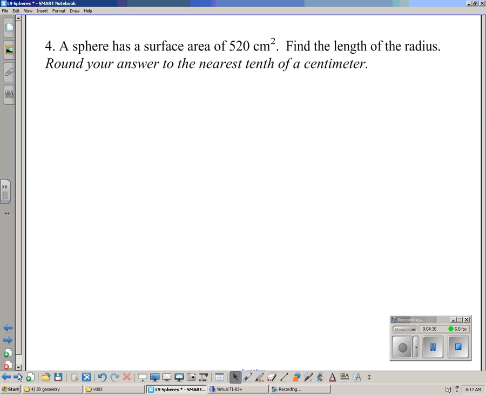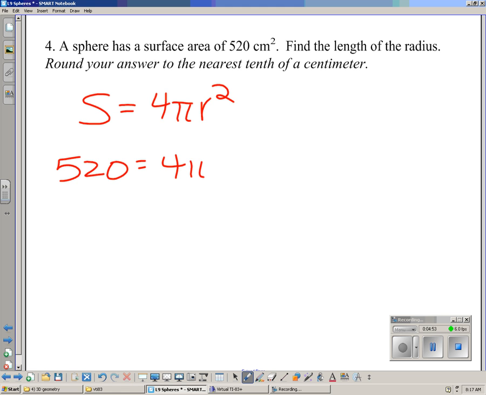Number 4 says a sphere has a surface area of 520 centimeters squared. Find the length of the radius. Round your answer to the nearest tenth of a centimeter. So the sphere's surface area formula is 4 pi r squared, and we know the surface area is 520. From here we have to solve algebraically for r.